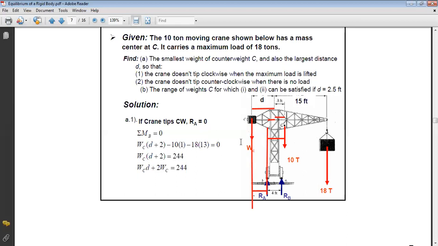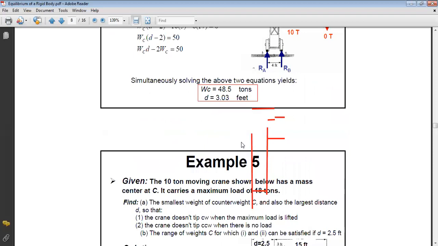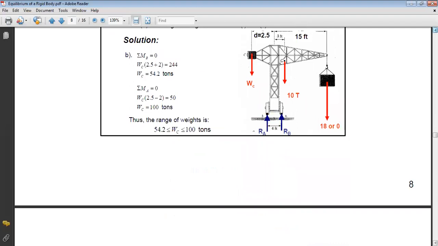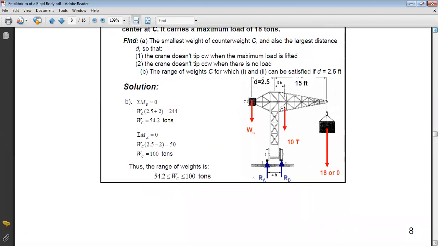So I will do the same work, but now D is given. I will find two values of WC, the minimum value and the maximum value. The minimum value is obtained based on zero load, and the maximum value is obtained based on maximum load.